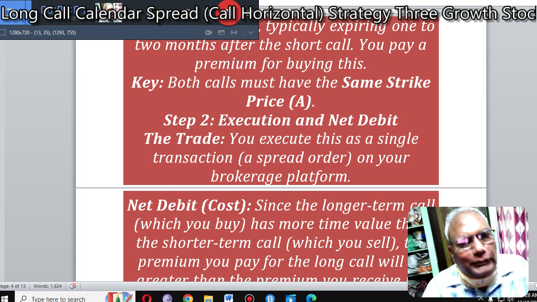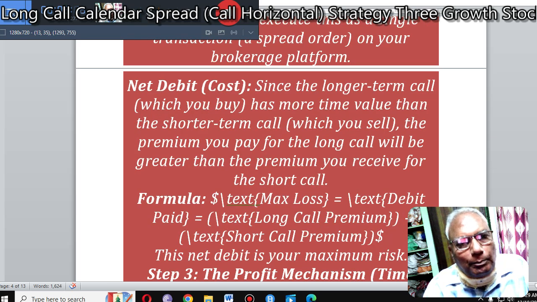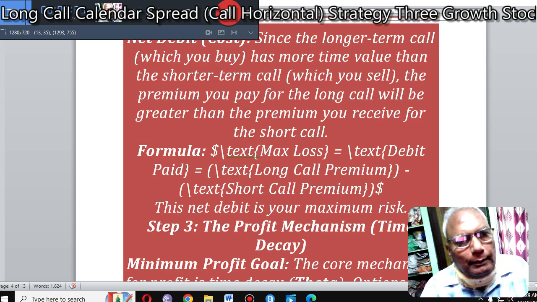Step 2: Execution and net debit. The trade: you execute this as a single transaction, a spread order on your brokerage platform. Net debit cost: since the longer-term call which you buy has more time value than the shorter-term call which you sell, the premium you pay for the long call will be greater than the premium you receive for the short call.